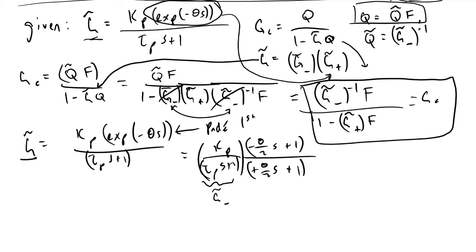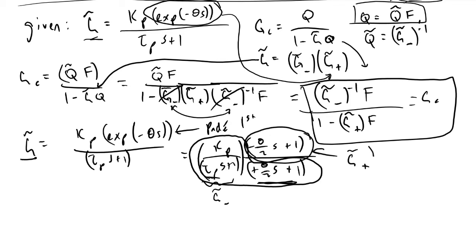So this is G tilde minus, and G tilde minus is all of this part here, because this is a negative pole, which is this term here, the theta over 2 s plus 1, because theta is time, which must be positive, so this must be a negative pole. We know tau p, a process time constant, must also be a positive value as well. So this is all G tilde minus, and then this term up top is G tilde plus, our unstable part.